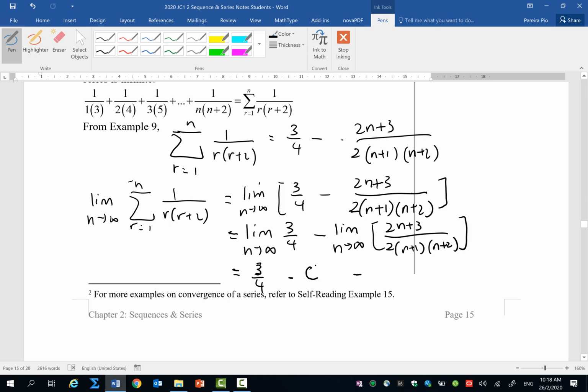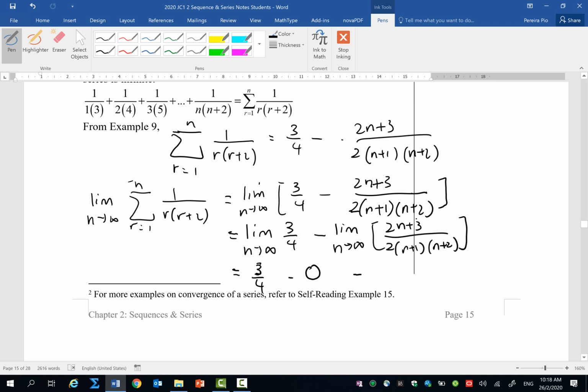Why? Yes, but that's also true for the numerator too. That's not good enough. That's a nice try, but it's not good enough. You need to observe a few things again. Let's go back to what we had.